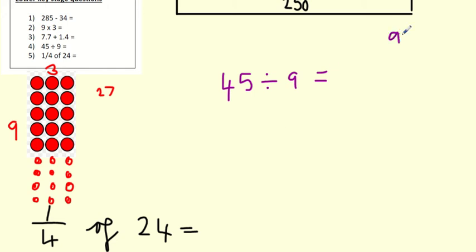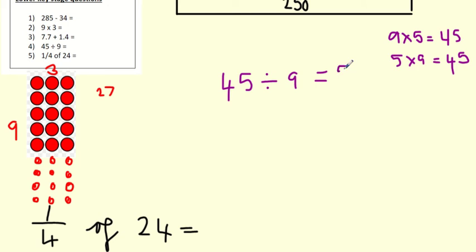I know that 9 multiplied by 5 is 45. And because multiplication is commutative, I also know that 5 multiplied by 9 is 45. So therefore, if I want to know how many 9s there are in 45, I can use this knowledge to help me.